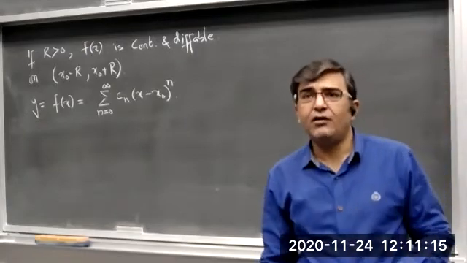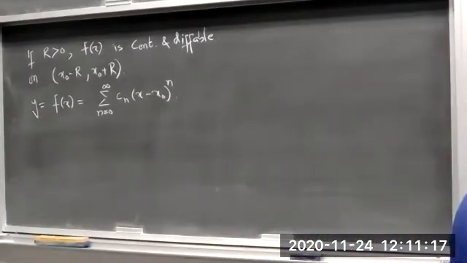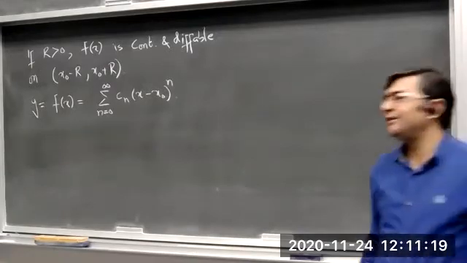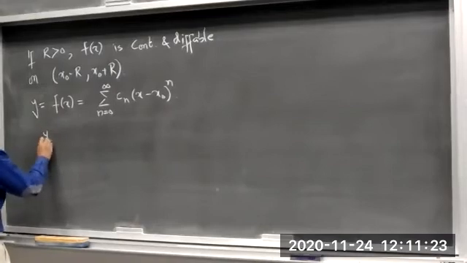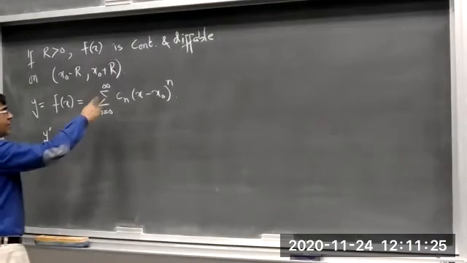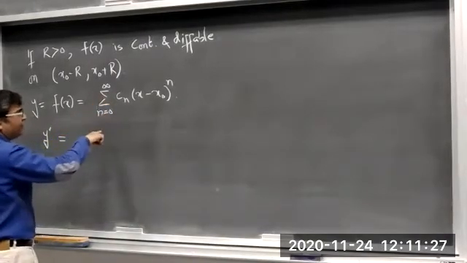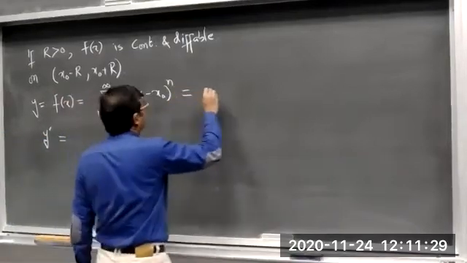take the derivative of the power series. And how to take the derivative of a power series? We just write f dash, and we take the term by term differentiation of the power series. In fact, how can we write it?